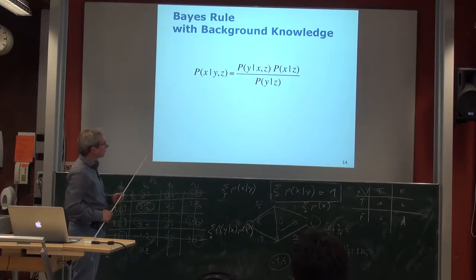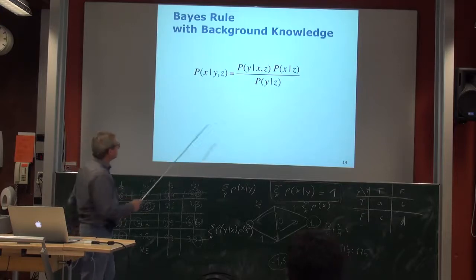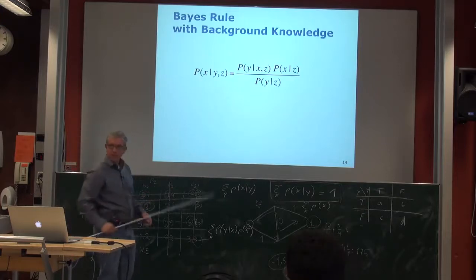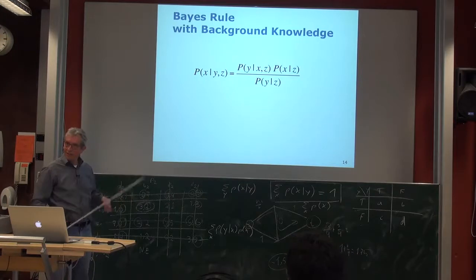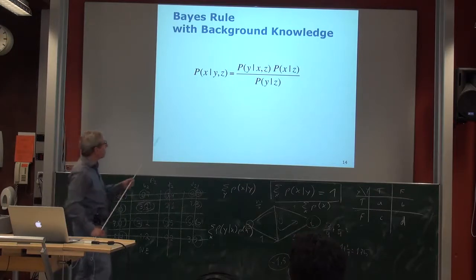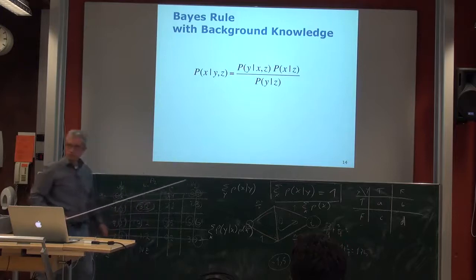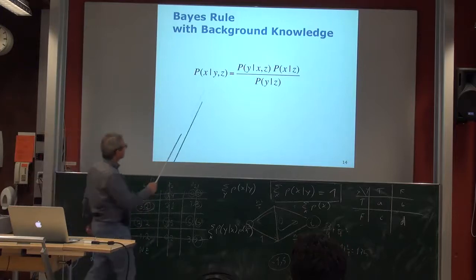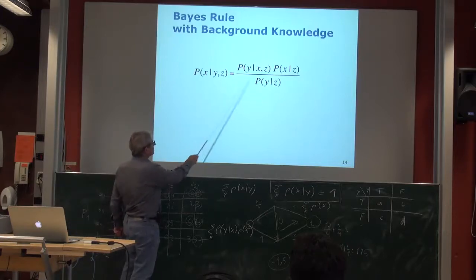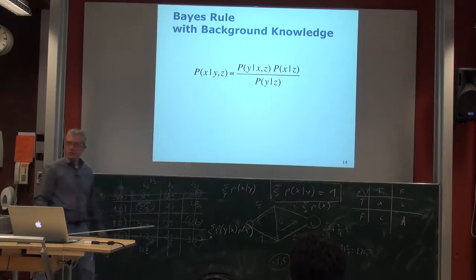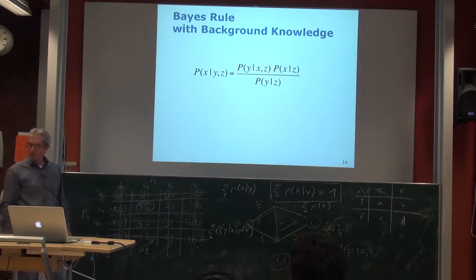The very same holds also for Bayes' rule. It is actually a nice exercise to derive this, and for those of you who are interested, you can show that this equation holds, which is exactly Bayes' rule. It only differs by the fact that we add some additional information on the right-hand side.